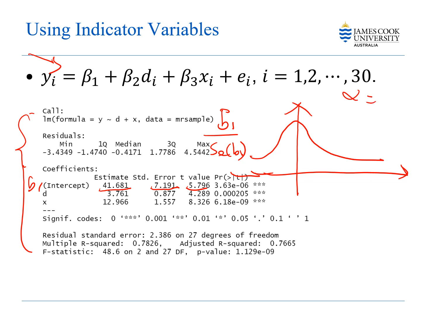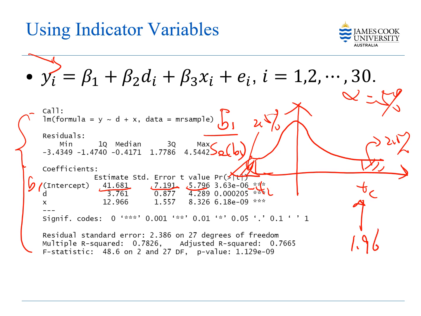So we choose alpha, the critical level of significance, to be 5%, and find the critical values tc and minus tc, where this area is 2.5% and this area is 2.5%. This is symmetric, okay? One tail is 2.5, the other tail is 2.5. They add up to 5. The corresponding tc is 1.96 if it is normal, or maybe 2, and clearly 5.796 is higher than 1.96 or 2, so we reject the null.